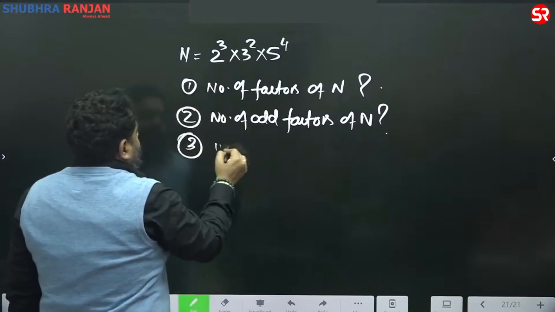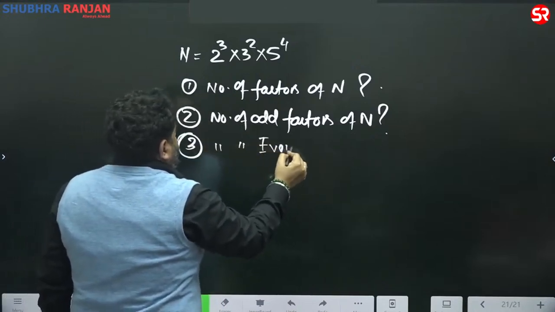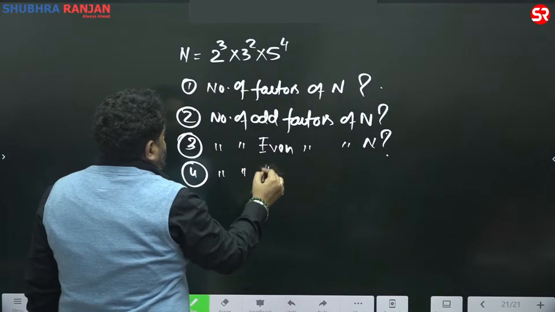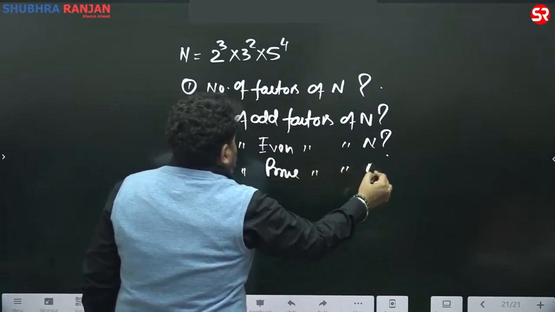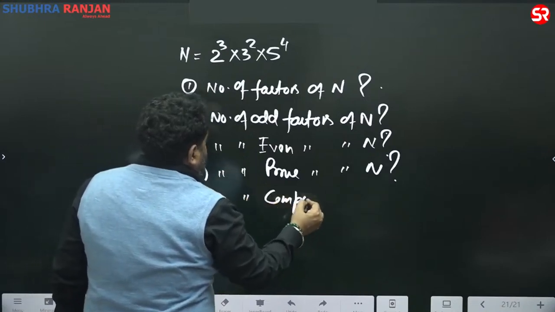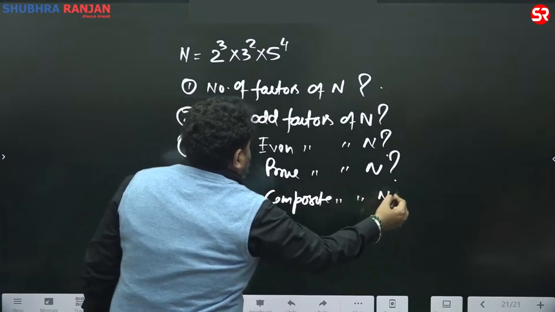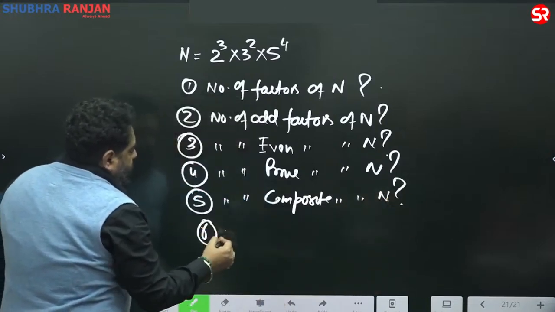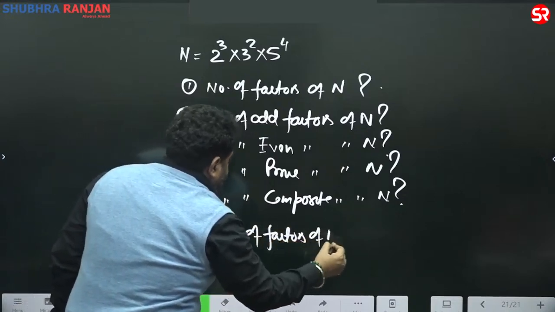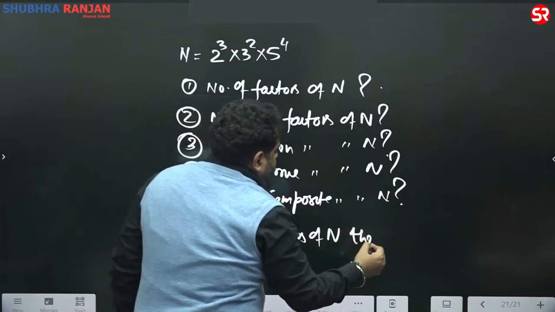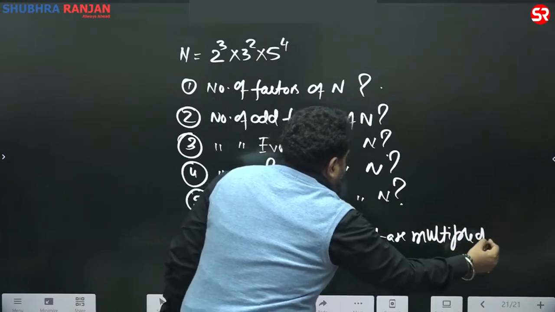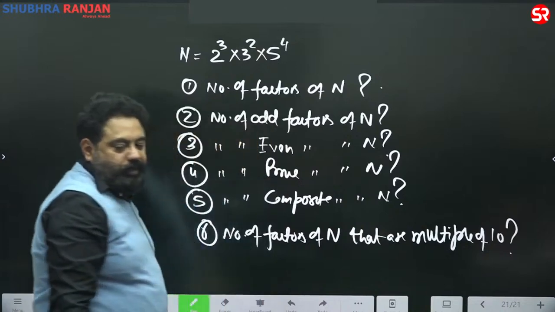Third, number of even factors of n. Fourth, number of prime factors of n. Fifth, number of composite factors of n. Sixth, number of factors of n that are multiple of 10. Come on, try it.